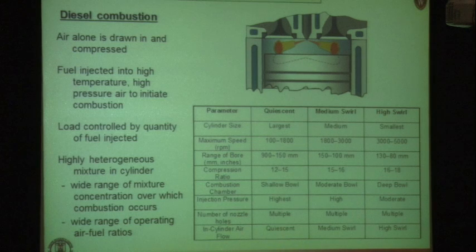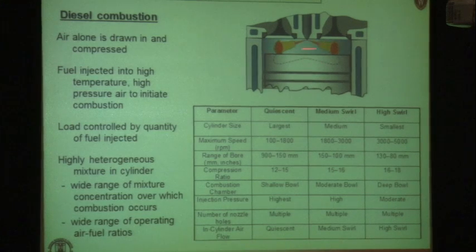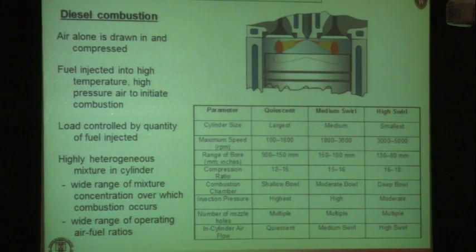So diesel combustion, as we discussed right at the beginning, the characteristics are you intake pressurized air through your turbocharger system, your compressor turbocharger system, and then fuel is injected into this high temperature, high pressure gas as a result of the compression process.